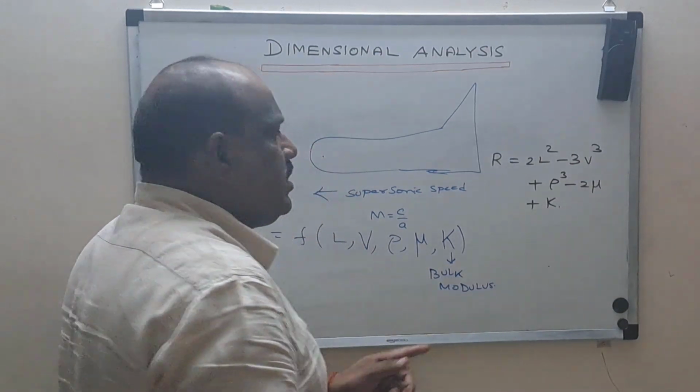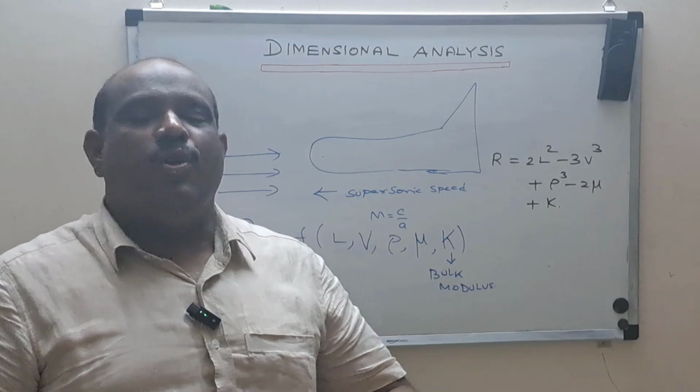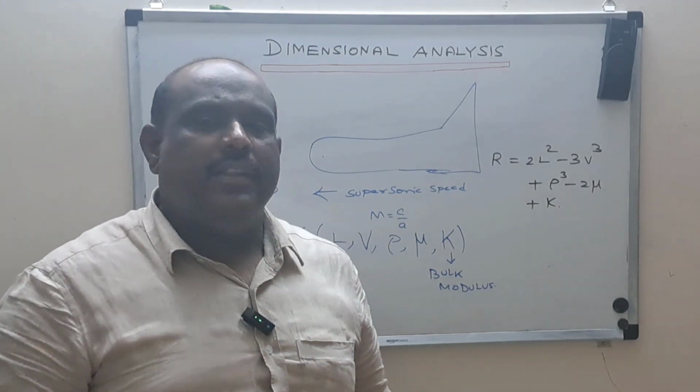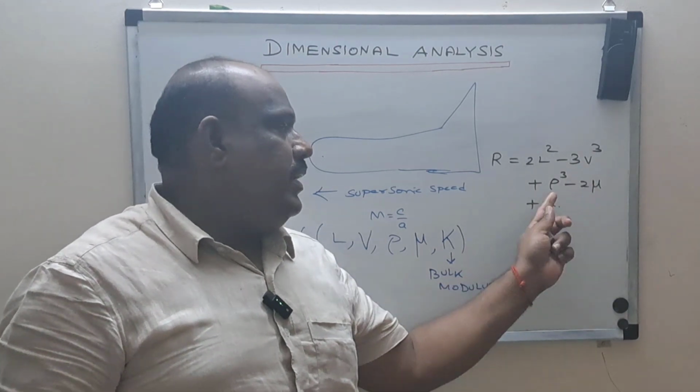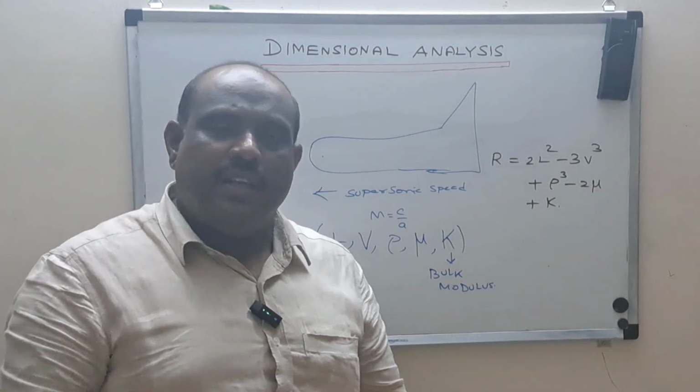So this is called the function. This function I have written on my own; it is not the actual one. Now R depends upon length, velocity, density, mu and k.